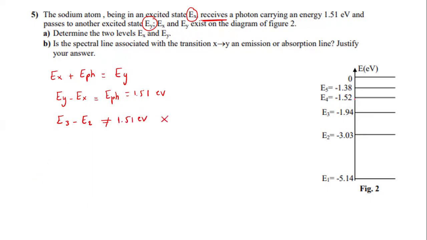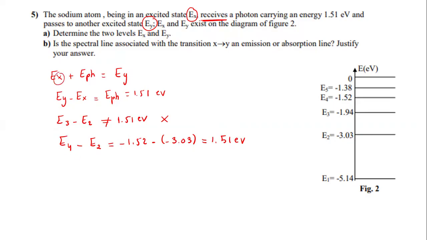Let's continue. What if we said it will pass from 2 to 4? The final was 4, the initial was 2. Then in this case, if we do the calculation, we get negative 1.52 minus negative 3.03, which equals 1.51 electron volt. This means it matched the E of the photon.